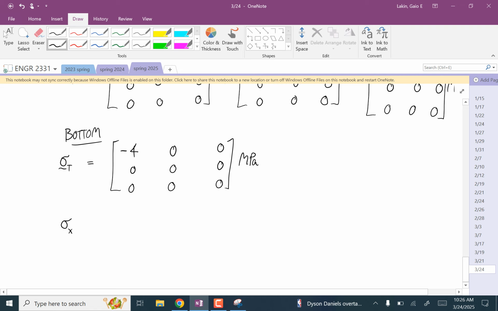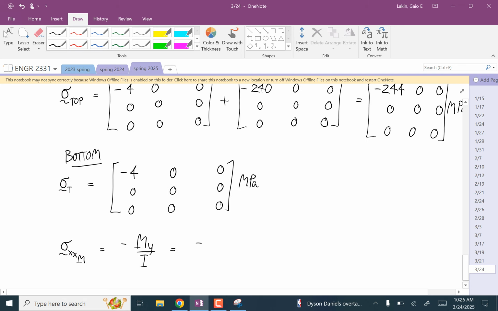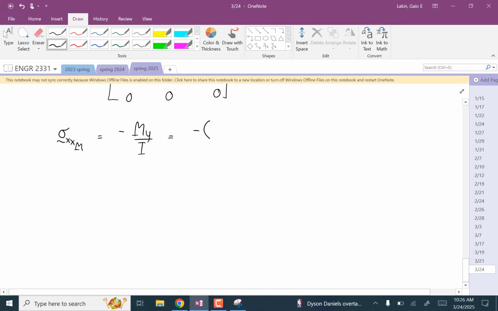And then the XX due to bending is -My/I. Our M is 2000. The thing that switches the sign is the y is negative now, so -0.025.